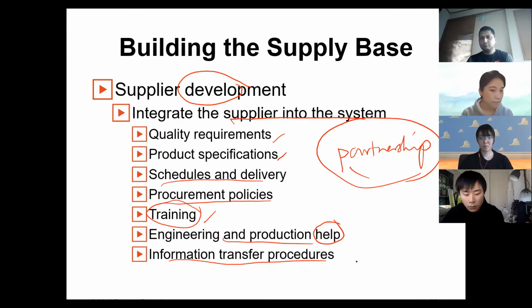What do you think will affect your final products? Good products. Jacob, what will happen? Quality is very good. Exactly, very good. Good quality products will result from having excellent suppliers. So it is to your interest. So take effort.